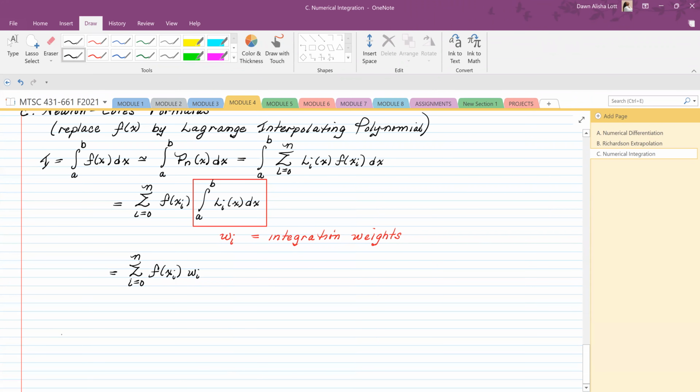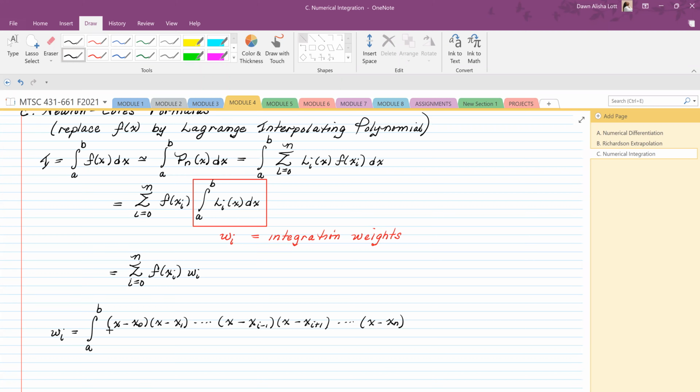All right. Now, wi is hefty. Every wi is the integral from a to b. In the numerator, I have x minus x naught, x minus x1, all the way down to x minus xi minus 1, times x minus xi plus 1, all the way down to x minus xn.